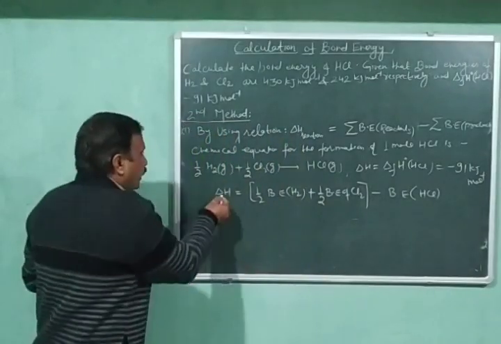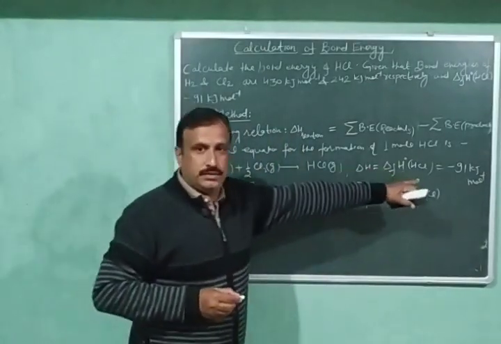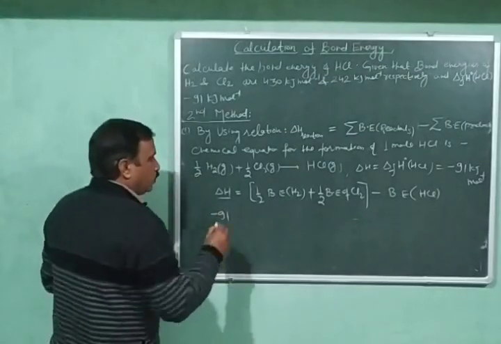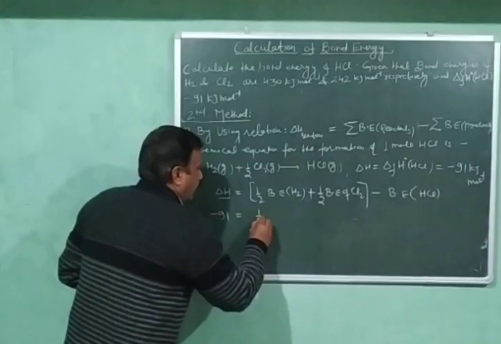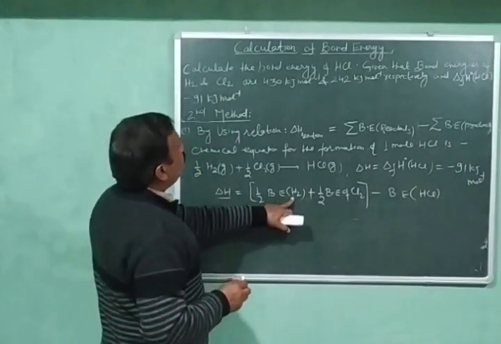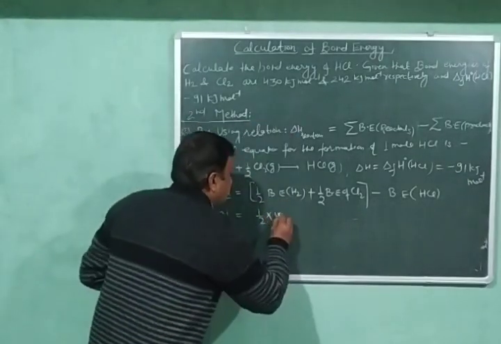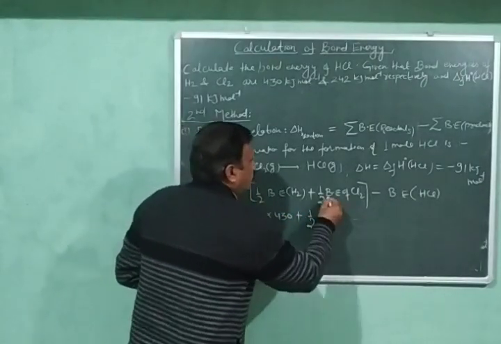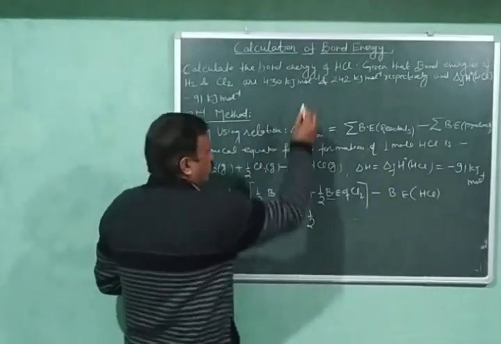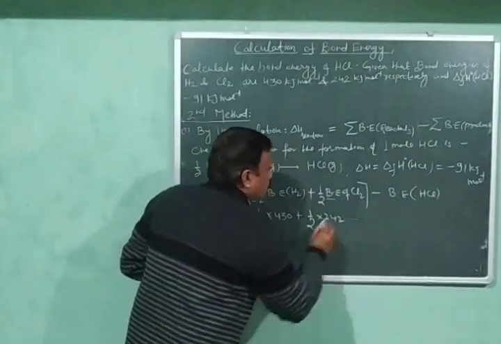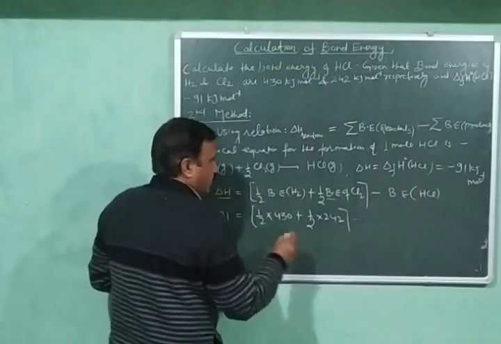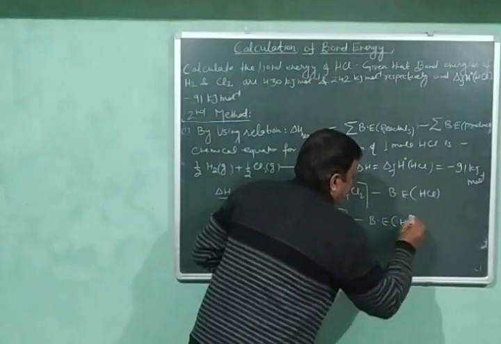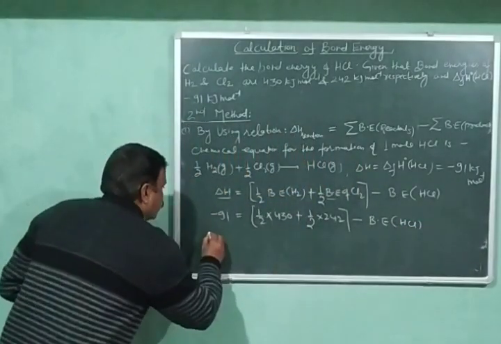Delta H of this reaction is given, it is equal to minus 91 kilojoule per mole, and it is equal to half into bond energy of hydrogen molecules, 430 kilojoule per mole, plus half into bond energy of chlorine molecules, 242 kilojoule, minus bond energy of HCl. Okay, and let us solve it further.